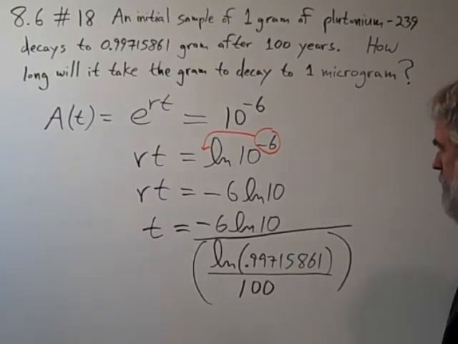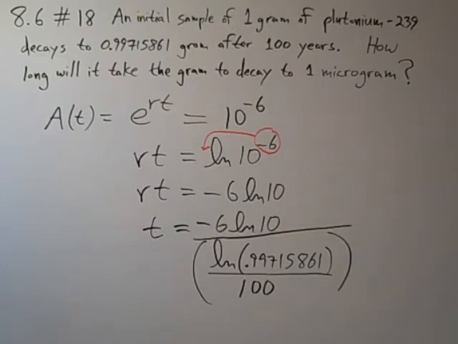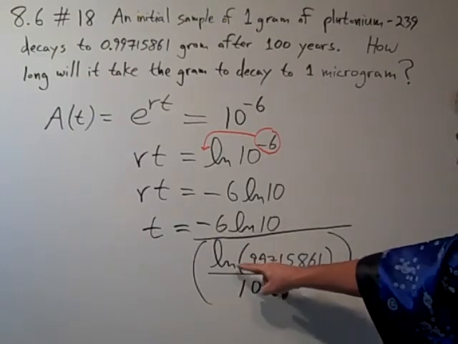So let's see what that is. Let's calculate this. The natural log of 10, first of all, times 6. And now we're dividing by this fraction, which means multiplying times 100, and then dividing by this natural log.